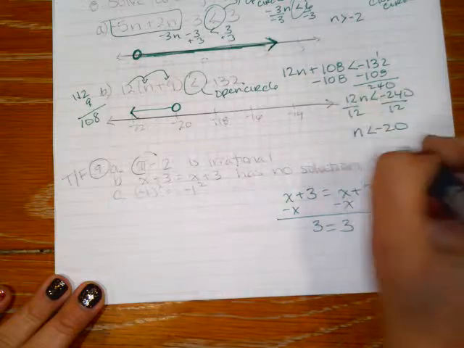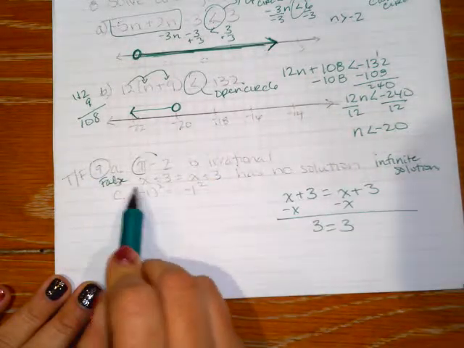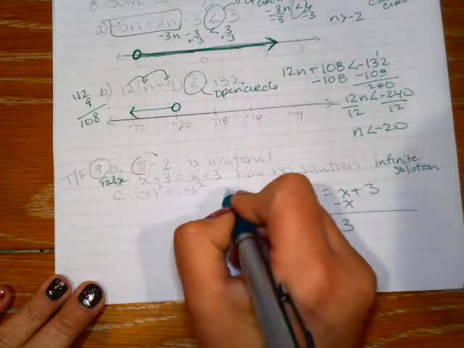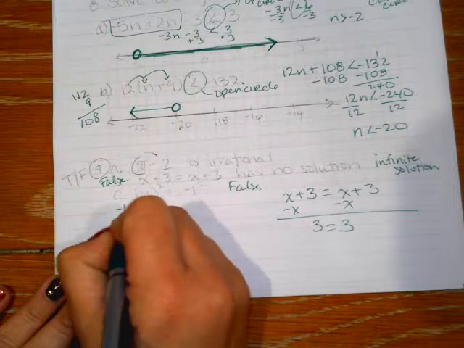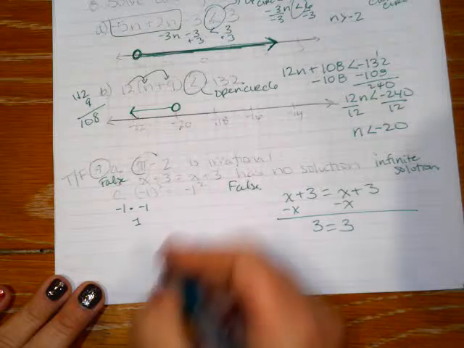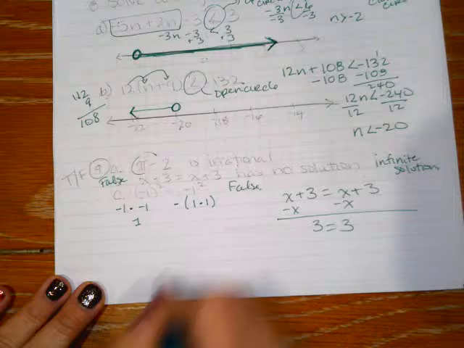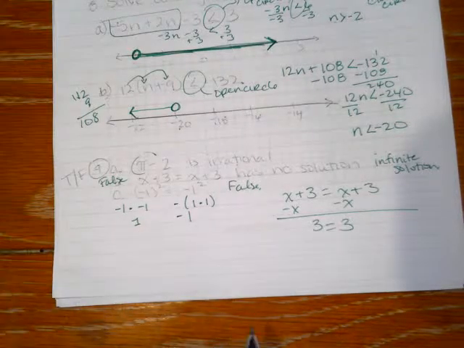So this guy right here is false. And then the quantity negative 1 squared equals negative 1 squared. This is false as well, because what this says is negative 1 times negative 1, which is, of course, positive 1. This one says negative 1 times 1, which is negative 1. So those are not equal. That's false.